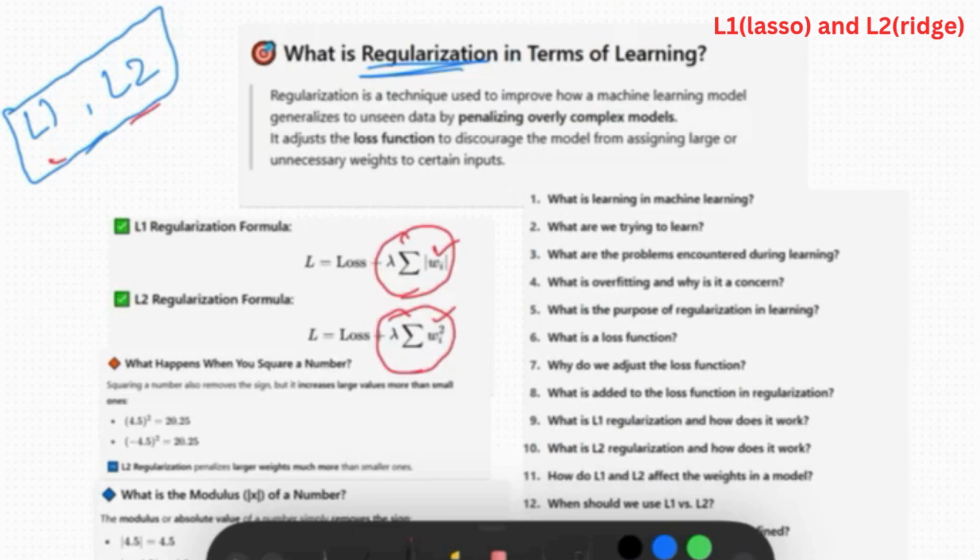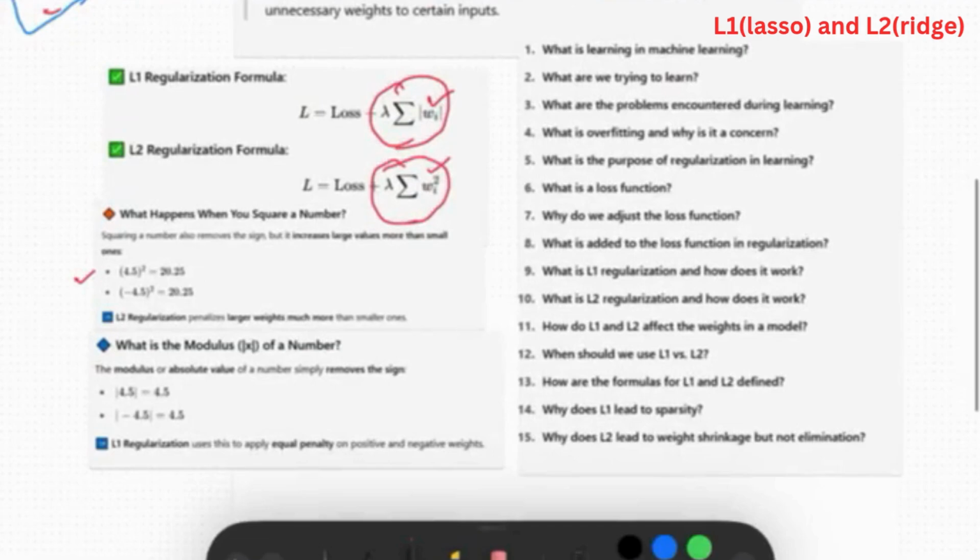So L1, what is it doing? Suppose for example the weight is 4.5. I'm sorry, this is L2. This one is L1. So suppose you have this weight to be 4.5. What happens in L1 is it introduces sparsity.